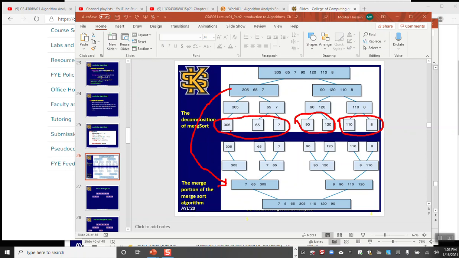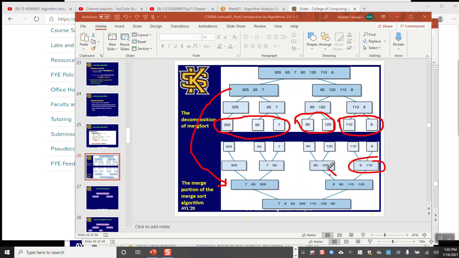So when we merge, the elements of this subpart and this subpart will be compared internally, and it will be sorted.